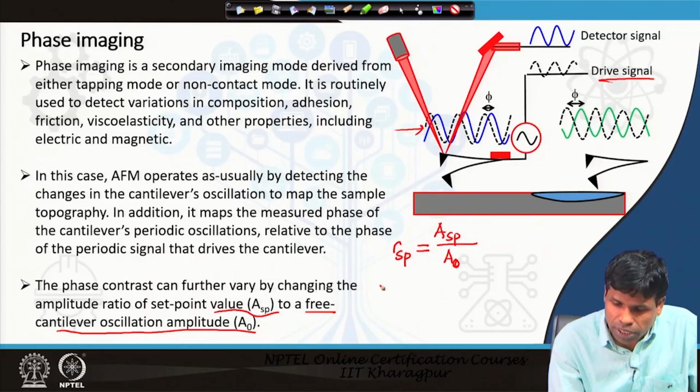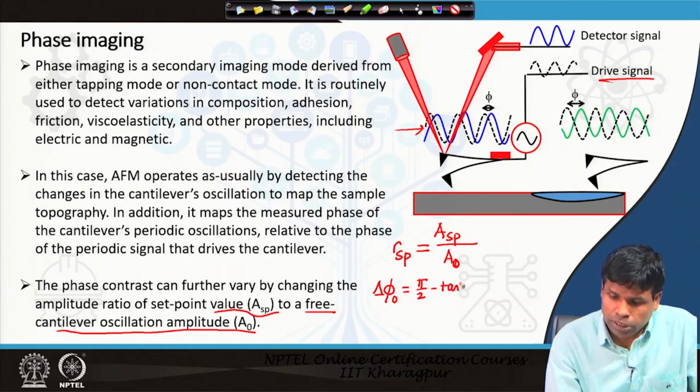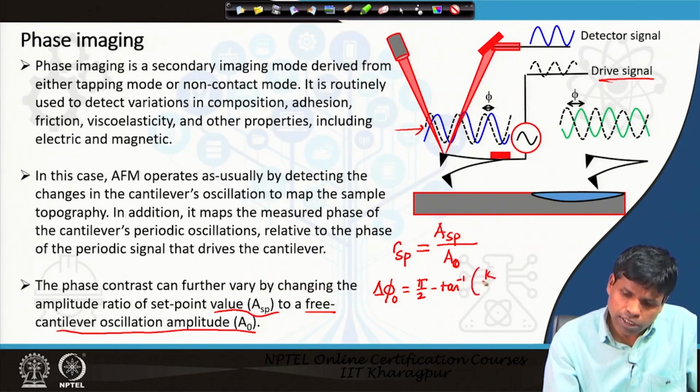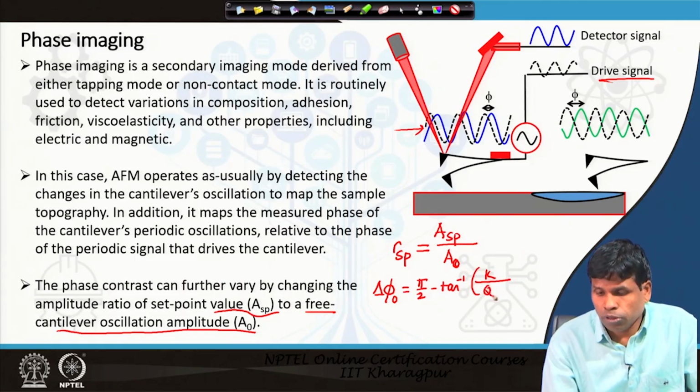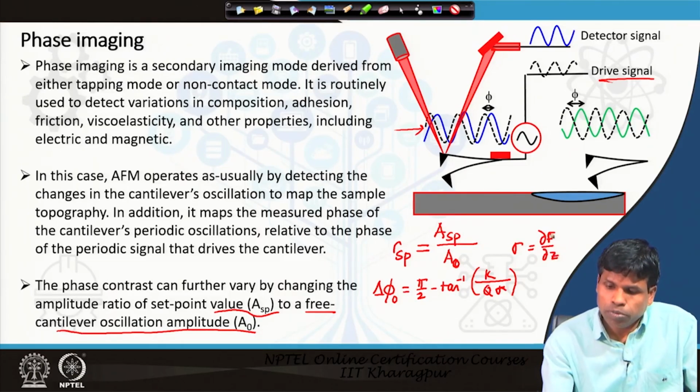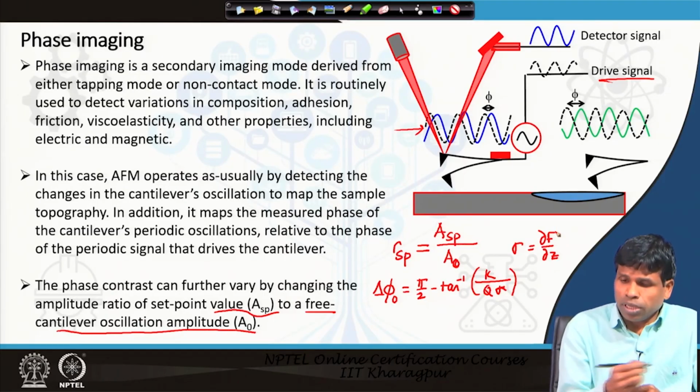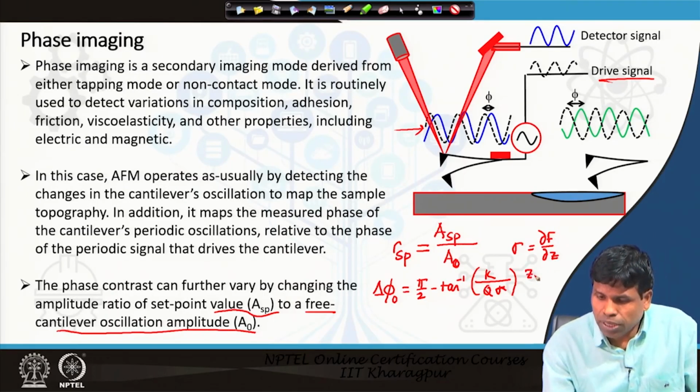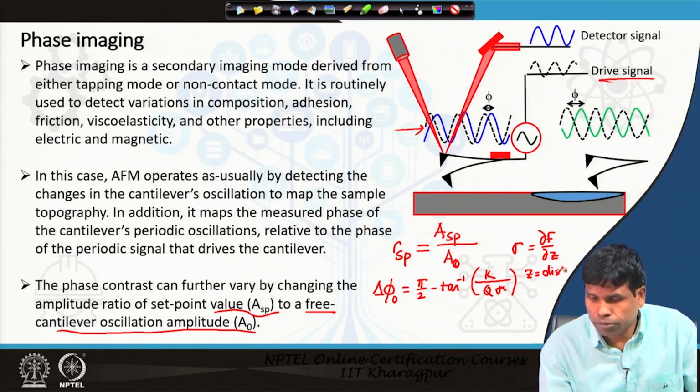We can write the phase shift delta phi 0 is equal to pi by 2 minus tan inverse of k divided by Q times sigma. Here sigma is the change in the force gradient, the derivative of the force, del F by del Z. F is the interaction force between the sample and tip, and Z is the tip-sample gap, the distance between tip and sample.